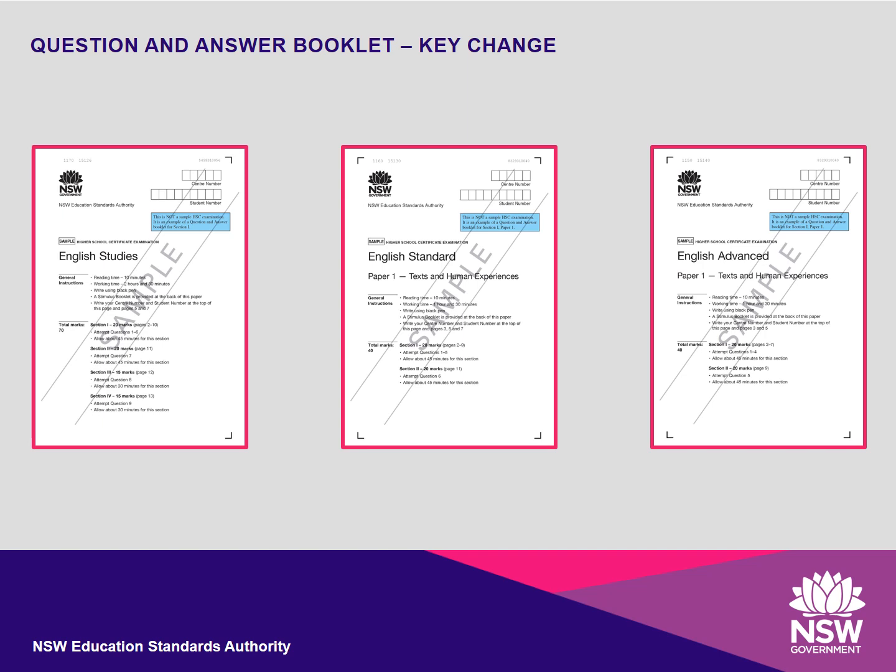For example, students in English Advanced will not be required to answer entry-level questions that students in the other courses complete. Similarly, students in English Studies will not be required to attempt difficult questions designed for the advanced course.